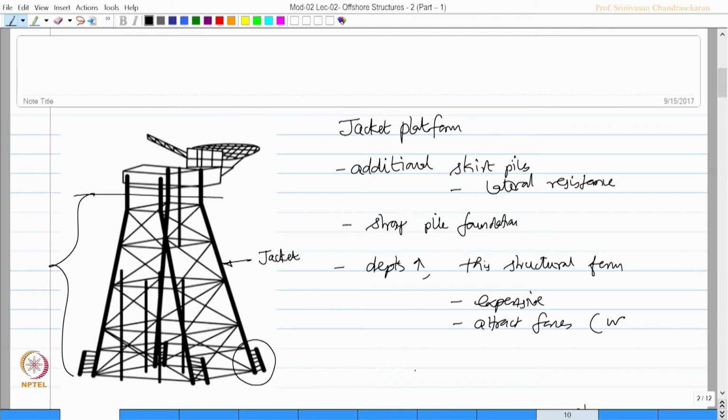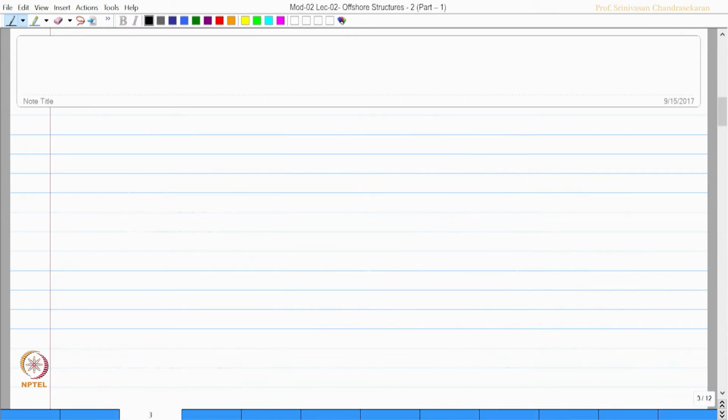I am talking about wave forces. Three, if you understand the material is steel, then corrosion may be a serious problem for these kinds of structures, because all structural members extend for the entire water depth.